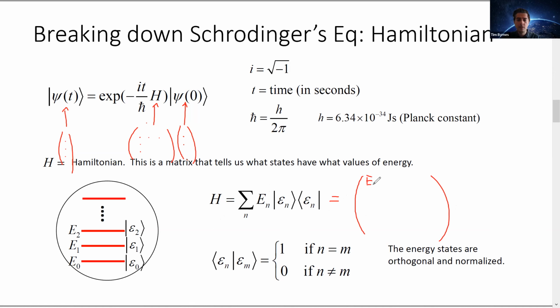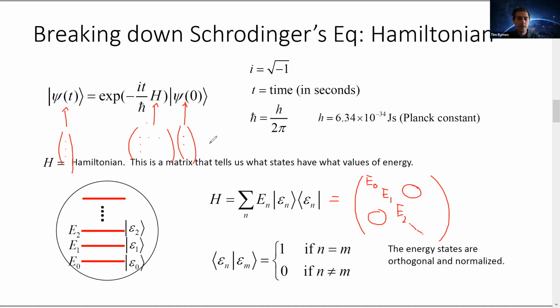It is a matrix where it's E0, E1, E2, and so forth, and all these other elements would be 0. So this looks simple enough: you just put the values of the energy into the diagonal elements.